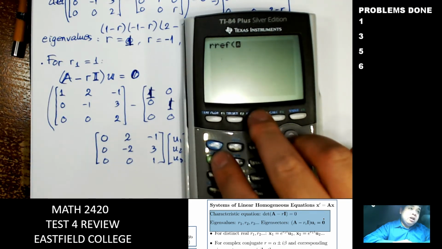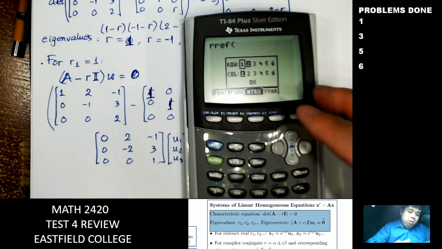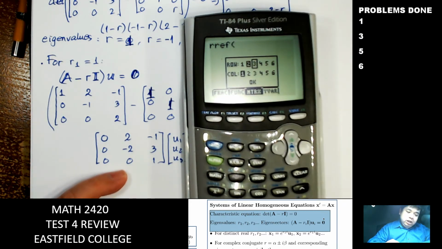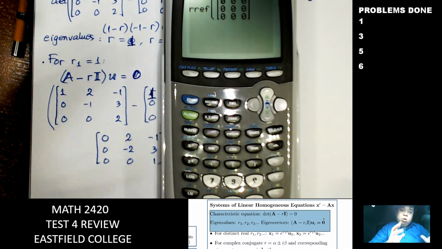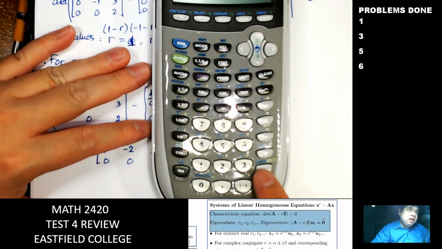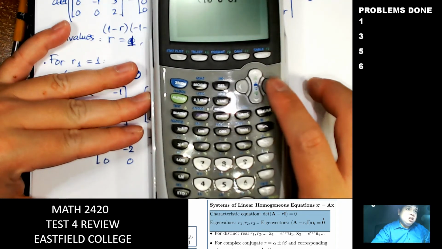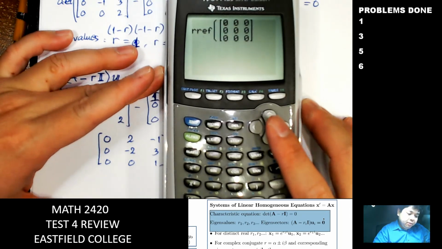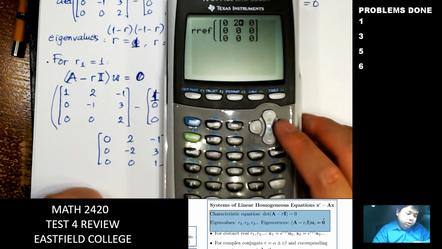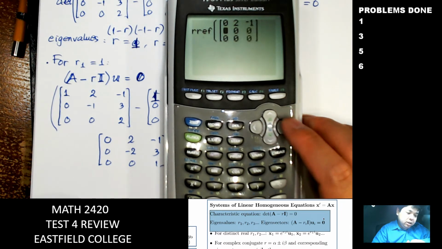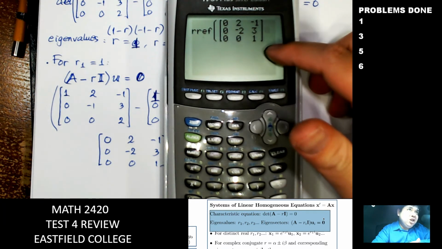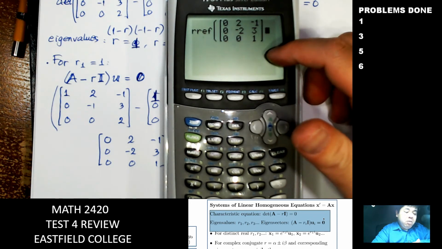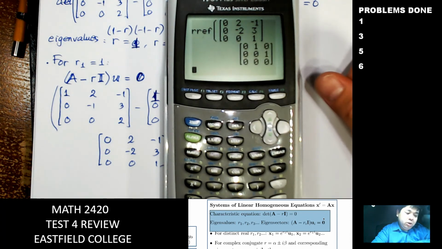I hit alpha and then the zoom key, and a menu pops up at the bottom with the matrix 3 by 3. And OK. The next part is very important. Do not hit the enter key when you put in the numbers. Use this instead. So 0, 2, -1, 0, -2, 3, 0, 0, 1. Again, we do not need the 0 on the right-hand side because it doesn't matter what we do, we have 0 anyway.